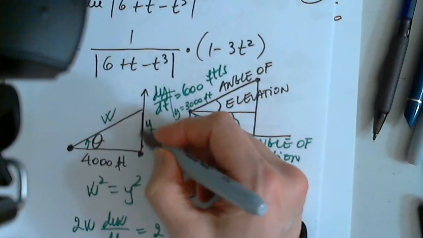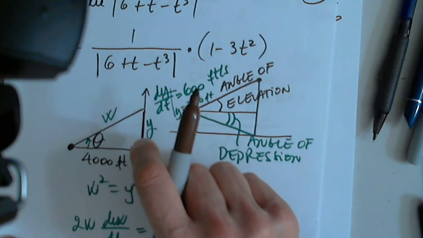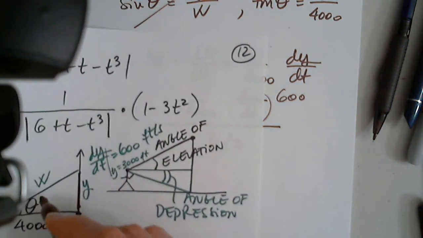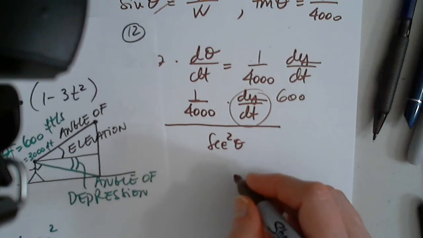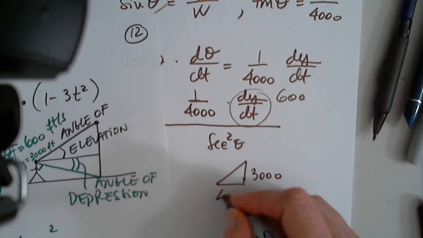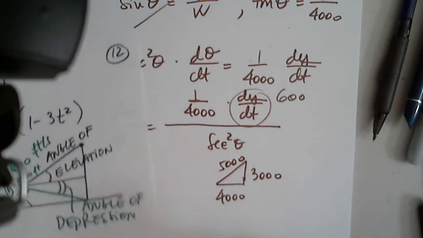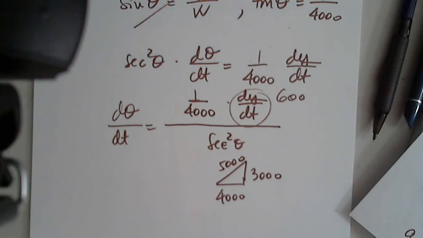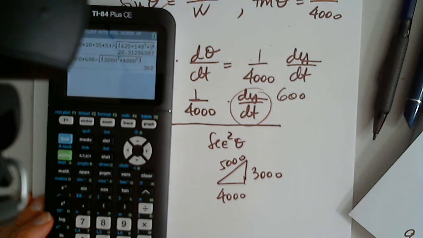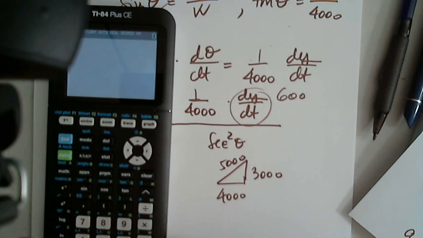But when y is 3,000, then secant is 1 over cosine, but I have to involve W. I have no choice. So if this is 3,000 and this is 4,000, and this should be 5,000, because these are Pythagorean numbers, but let me double check. 3, 4, and 5 is correct, but I haven't checked.